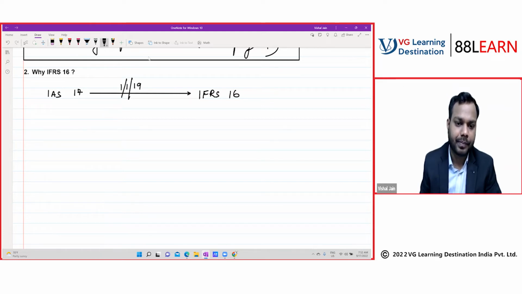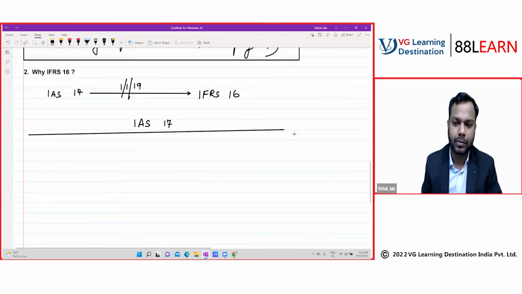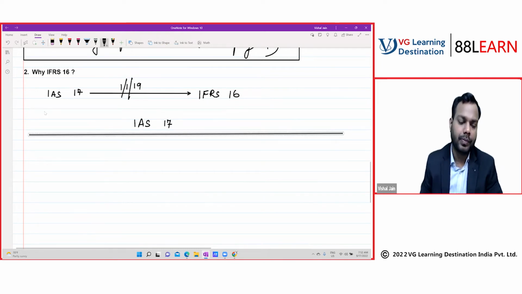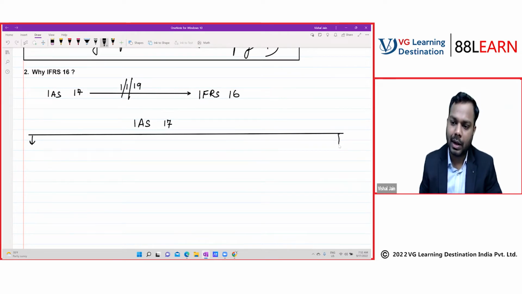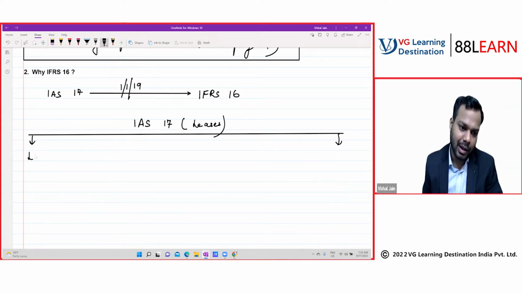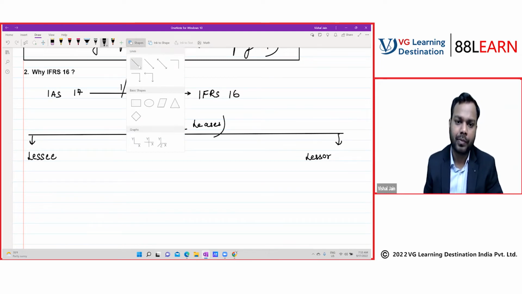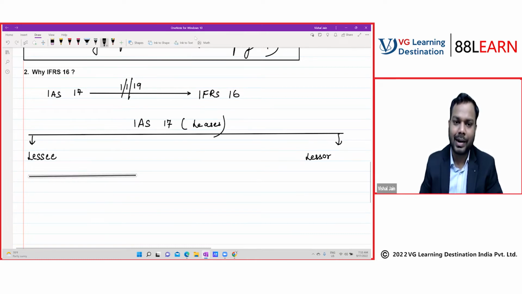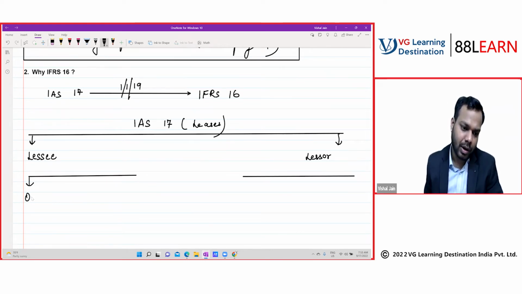IAS 17 said that the accounting has to be discussed for leases, from the perspective of the lessee and from the perspective of the lessor. From both perspectives, lease contracts can be classified into two parts: one is operating lease, and one is finance lease.